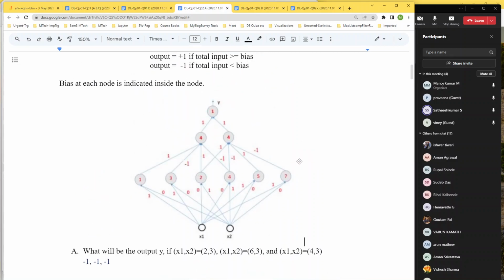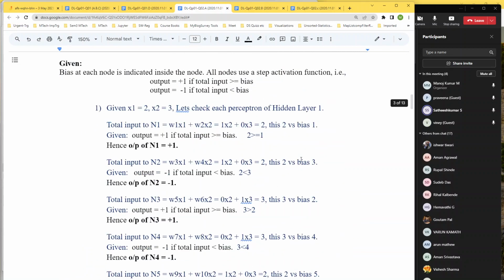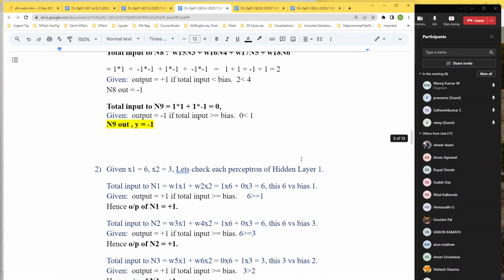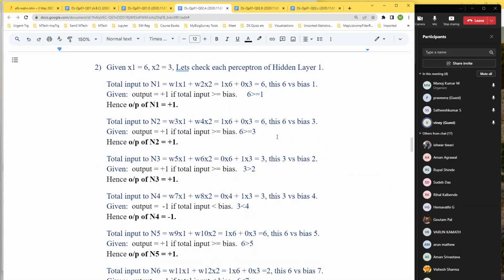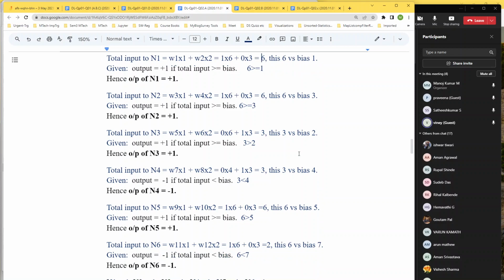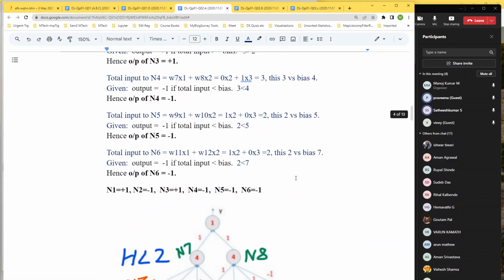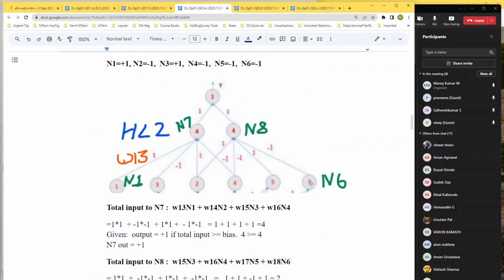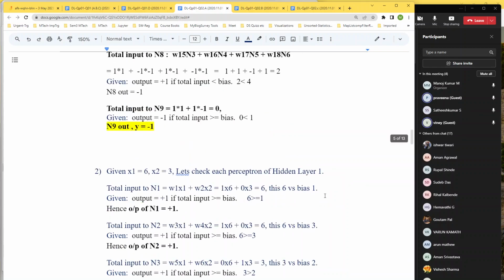I see some calculations comparing bias 6 less than 7. That is because the x1 value is 6. In the last one, n6, the bias is 7, but the value of x1 is 6.